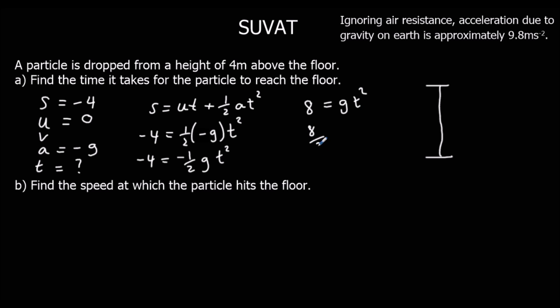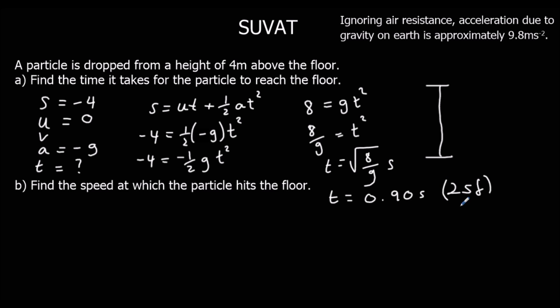Divide by g. 8 over g equals t squared, and t equals the square root of 8 over g seconds. If we type that into the calculator, square root of 8 over 9.8, we get t equals 0.90 to 2 significant figures. Again, we're not giving our answer to a great degree of accuracy because we're using an approximation for g.